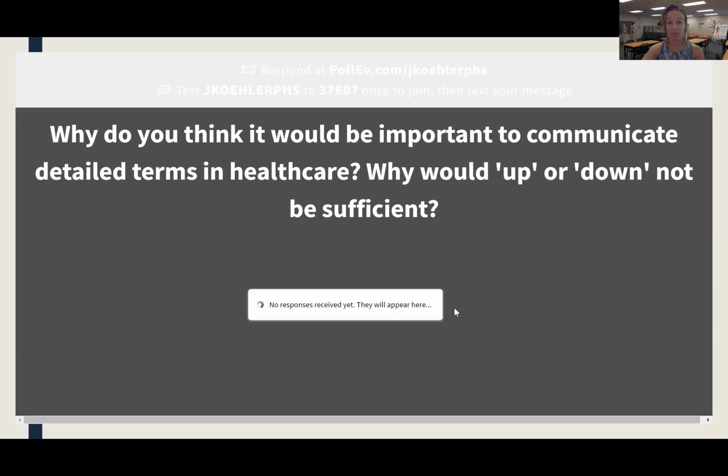Before we get started, I want to know what you think. Why do you think it's important to communicate detailed terms in healthcare? Why would up or down not be sufficient? So for this little review, you can go on your laptops to pollev.com/jkohlerphs, or you can text jkohlerphs to this number, okay?